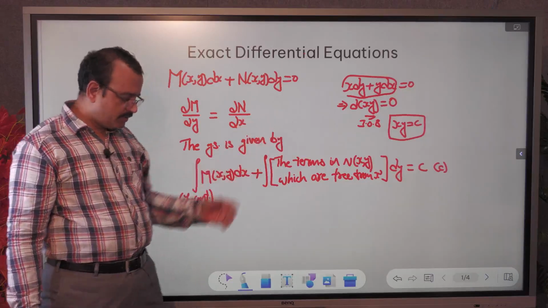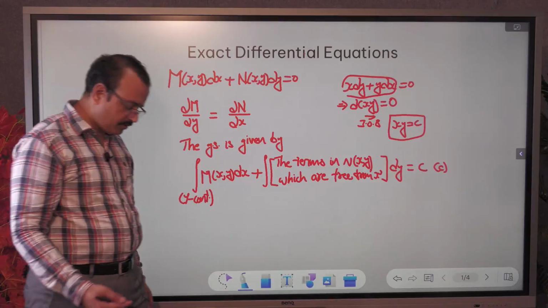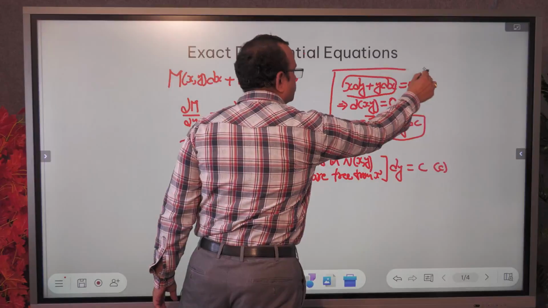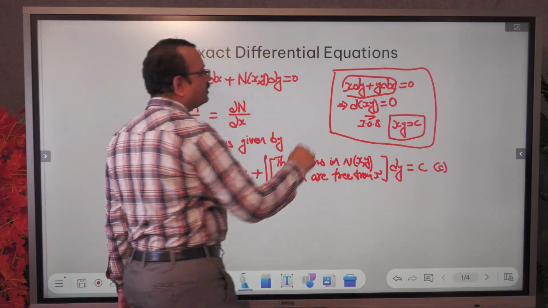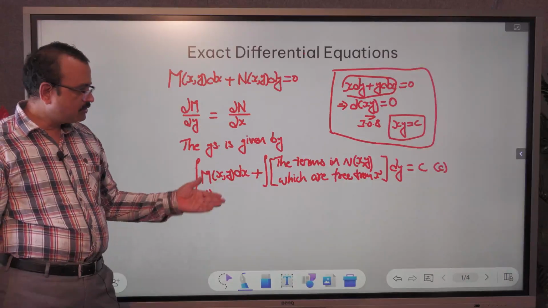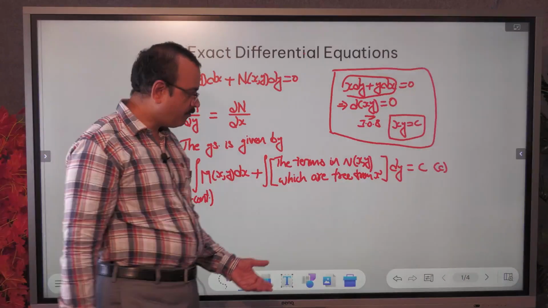Nobody can stop us from directly identifying and finding the solution. Now we will see this concept with the help of one example.